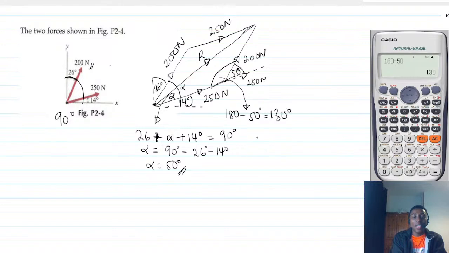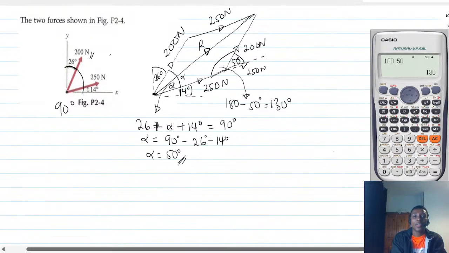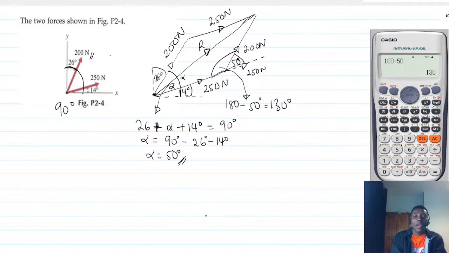So if the angle is 130, then I can take the triangle out. I want to take that triangle out, so it's going to look like this. Our resultant is here. We don't know the value.